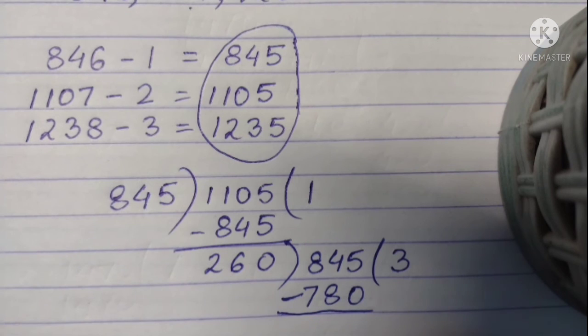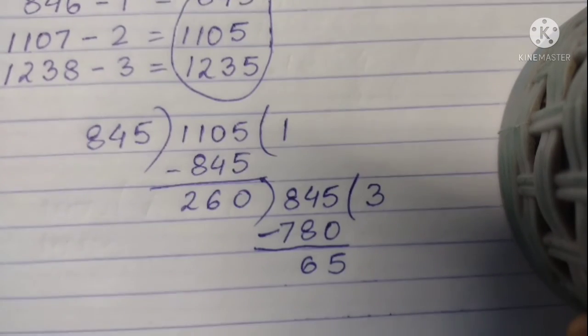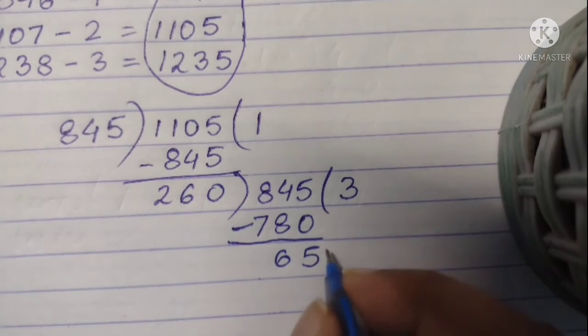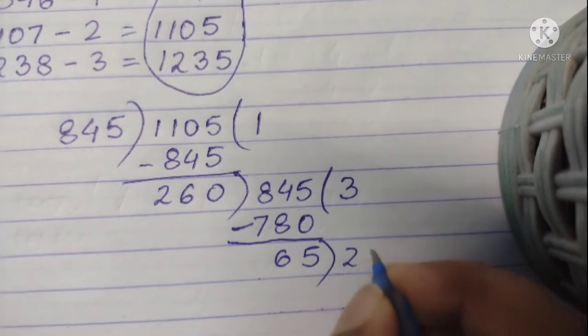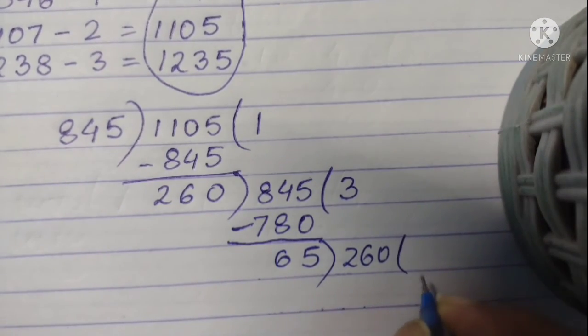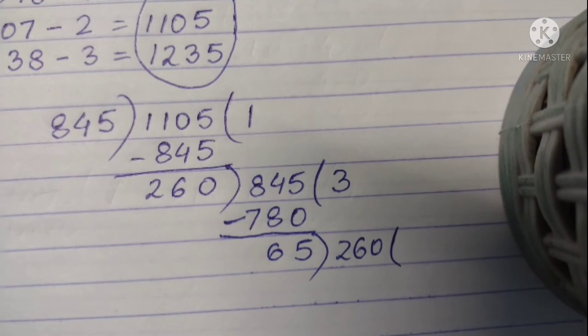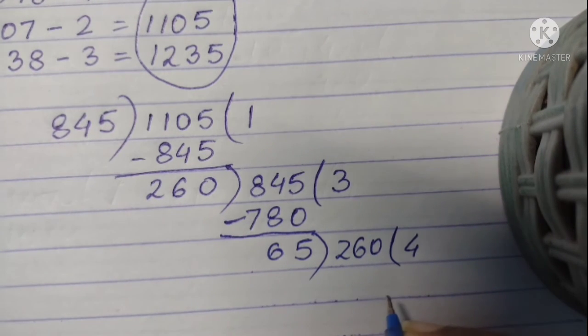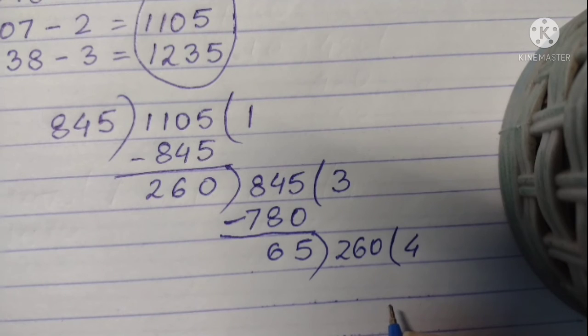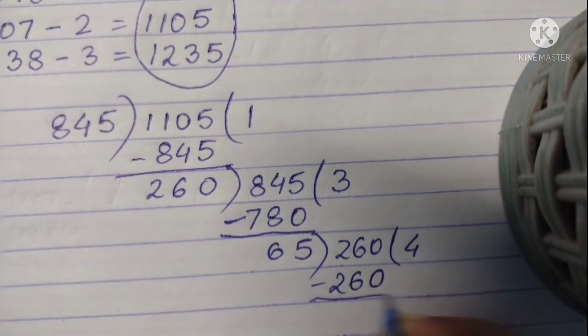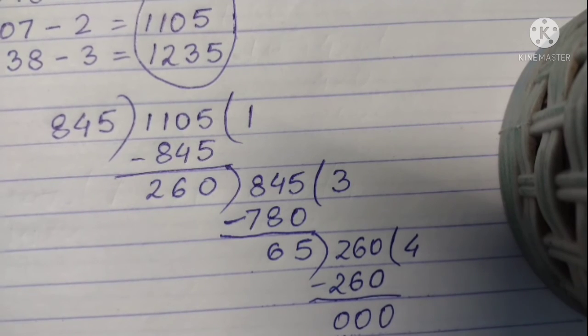Just find the difference. 65. Now this 260 will come over here. Now 65 into 4 is 260, and the last divisor is 65.